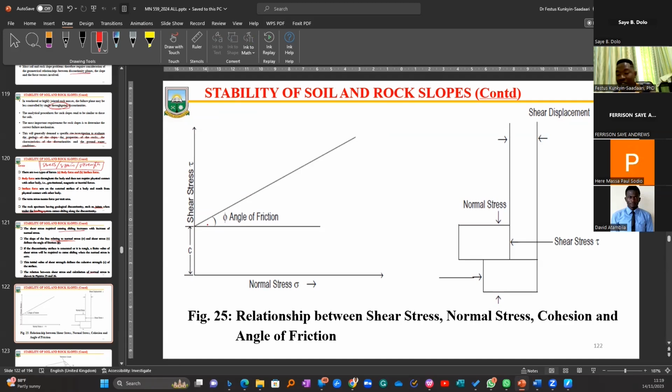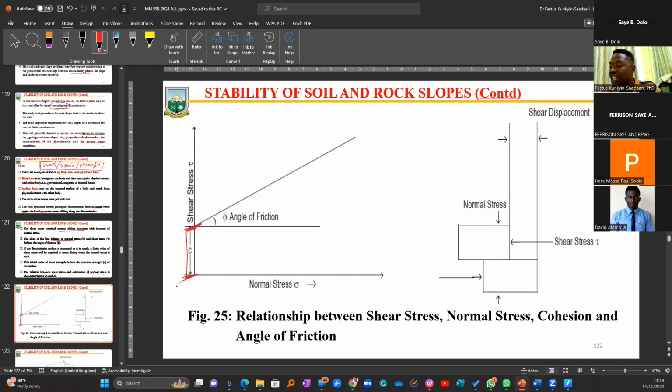And then the normal stress is plotted along this axis, which is what we used in obtaining our Mohr circles. And then this point here, from this point at the bottom, is what we term the cohesion, which are the inherent properties existing within the material.